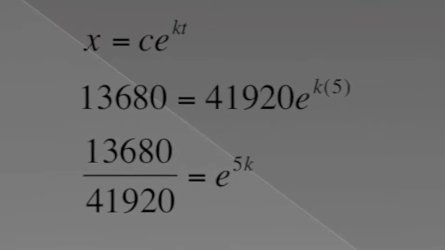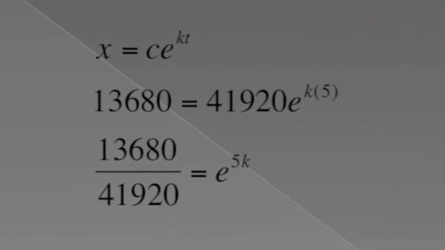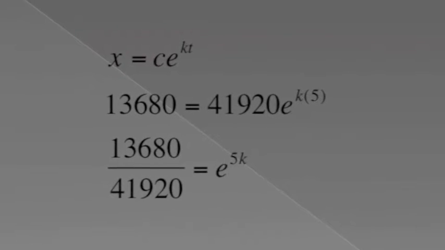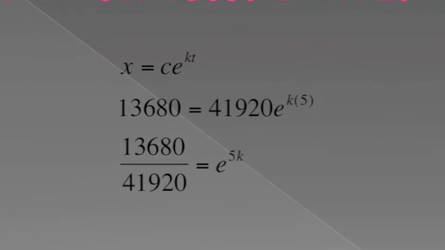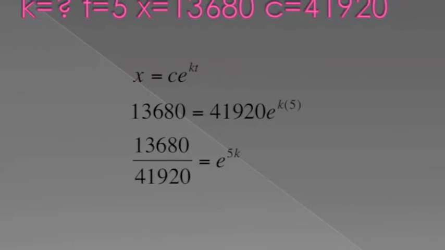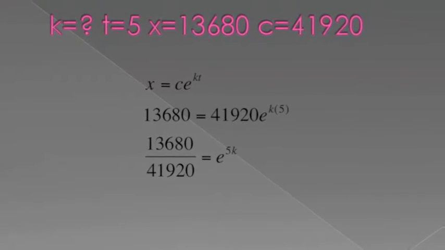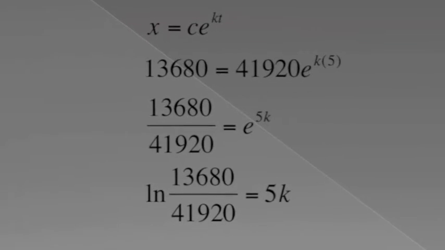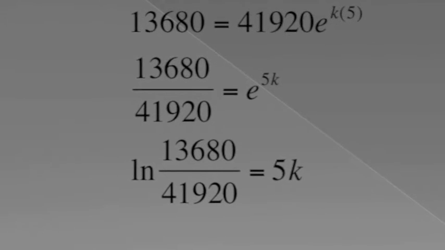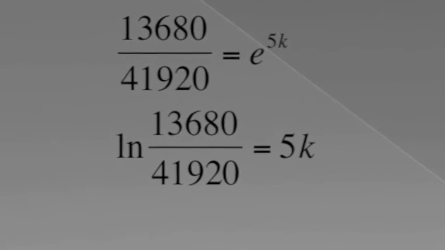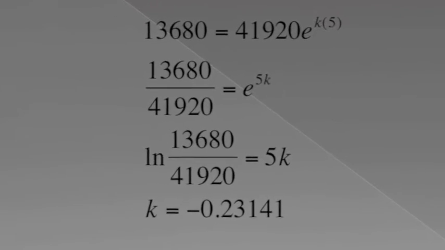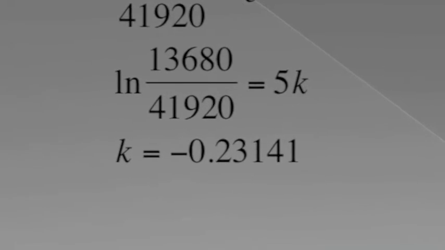Divide both sides by 41,920 to get 13,680 over 41,920, which is equal to e raised to 5k. Take the ln of both sides. Then divide both sides by 5 to get k is equal to negative 0.23141.